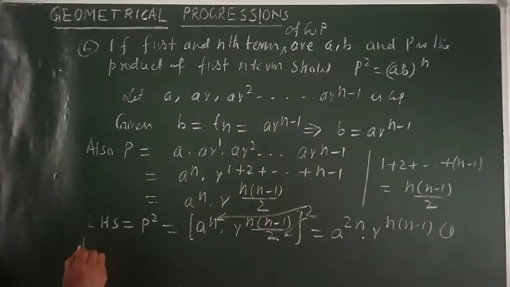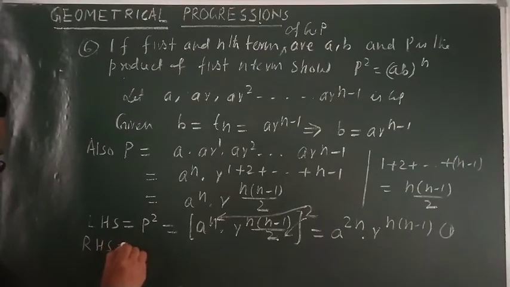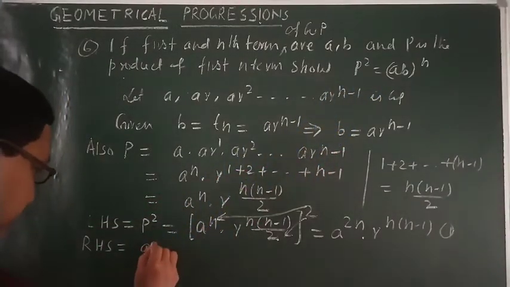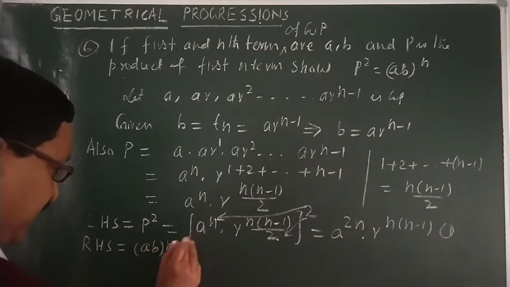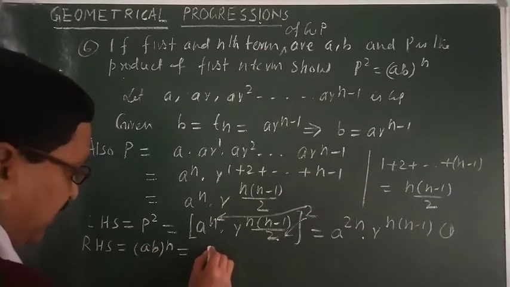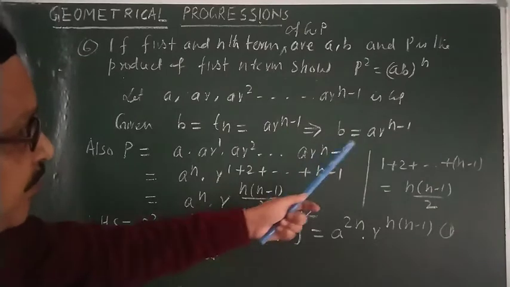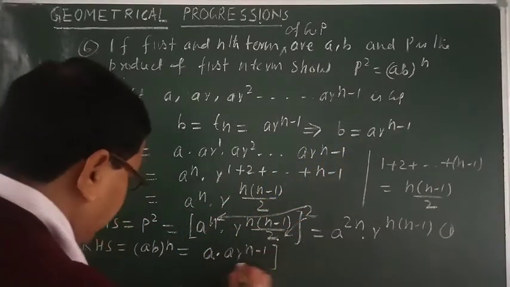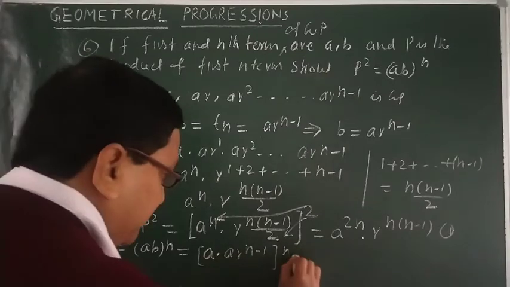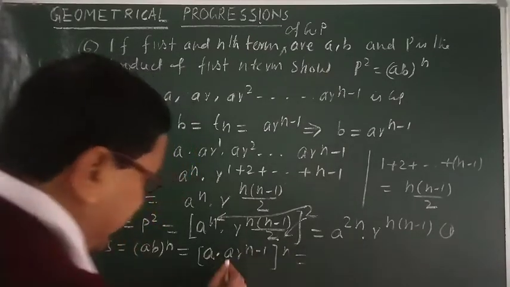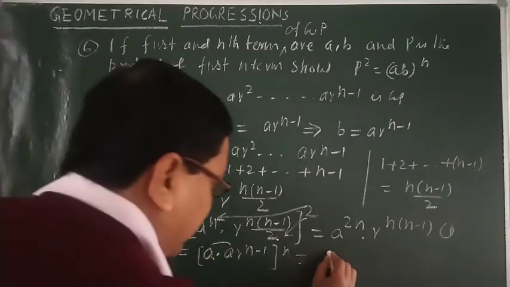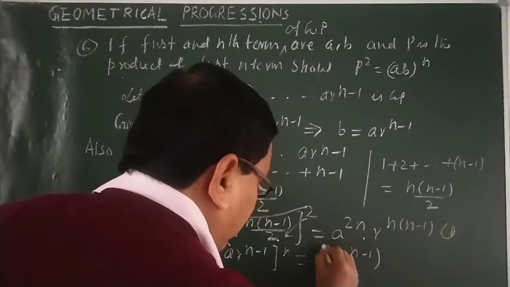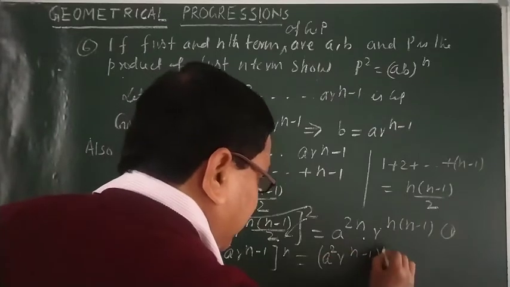Now moving towards RHS. Our RHS is AB to the power n. Now putting the value of A, which is already A. Now putting the value of B, AR^(n-1), to the power n. So this is A into A square R to the power n minus 1, whole to the power n.